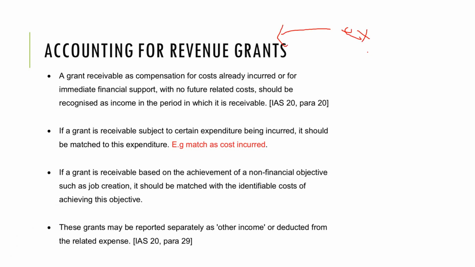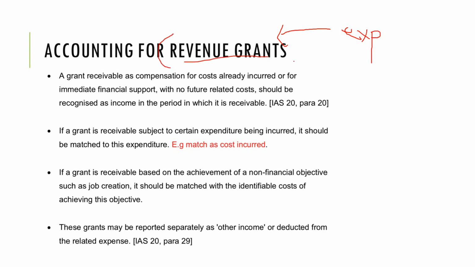Let's say the government is offering a grant for businesses that hire unemployed graduates. So the cost of hiring the unemployed graduates will obtain financial assistance from the government through the receipt of revenue grant.